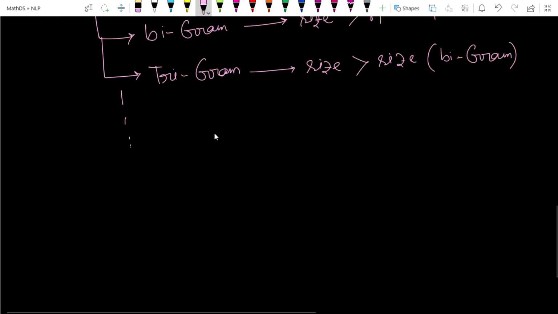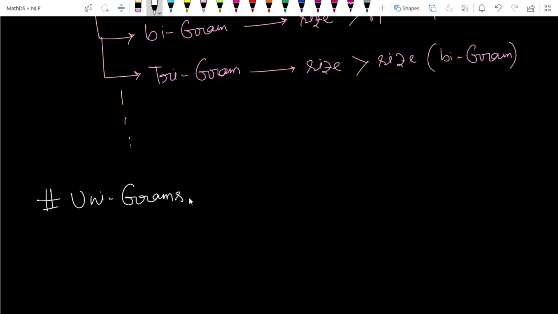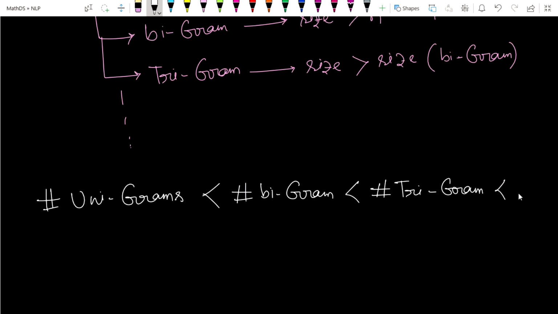So this is the main problem: the number of unigrams is less than or equal to the number of bigrams, which is less than or equal to the number of trigrams, and so on.